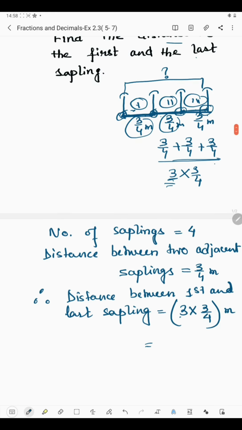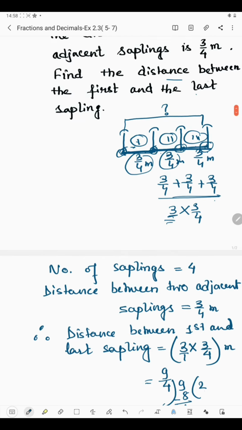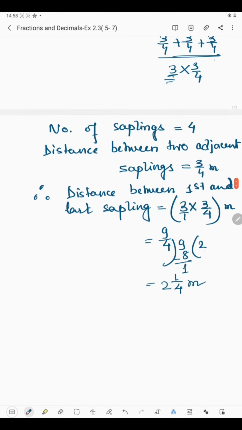Now 3 can be written as 3 by 1 as there is no denominator, so 3 3s are 9. So 9 by 4, which is an improper fraction, so we will have to convert it into a mixed fraction. So 4 2s are 8, so 9 minus 8 is 1. So the answer is 2. First we write the quotient, then the remainder up and divisor down. So 2 1 by 4 meters. So we will write distance from first to last sapling is 2 1 by 4 meter.